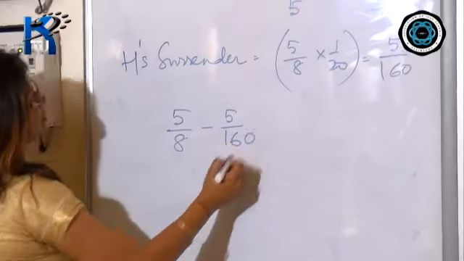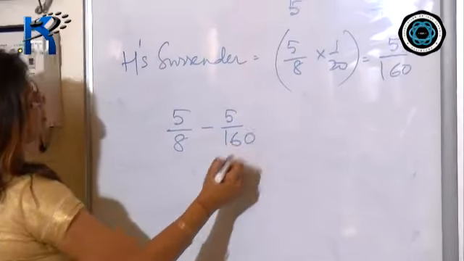So 5/8 minus 5/160 will be Homi's new share. Let us see how much it comes out to be. 160 will be the LCM. 8 20s are 160, 5 20s are 100, minus 5, this will give you 95/160. So this is Homi's new share.